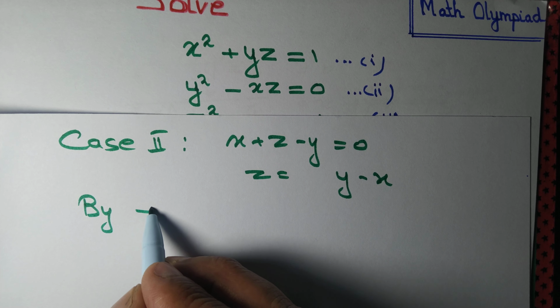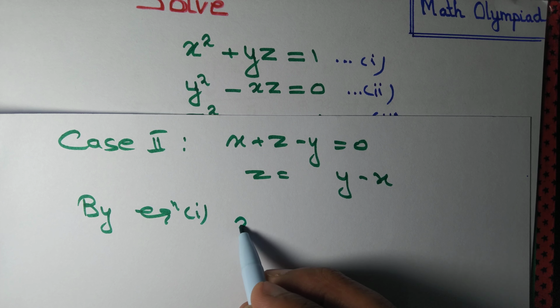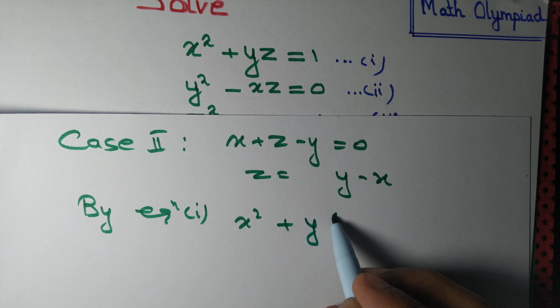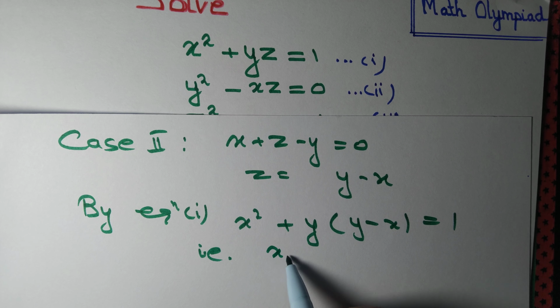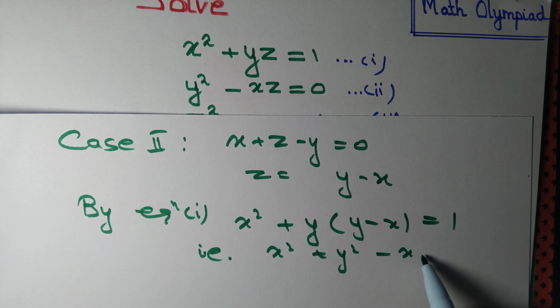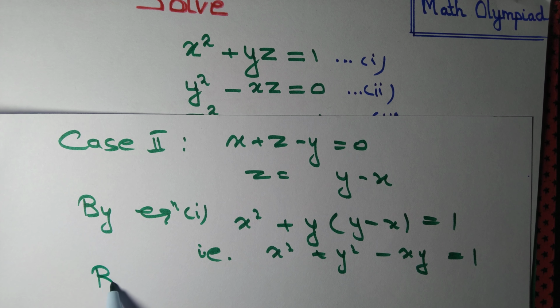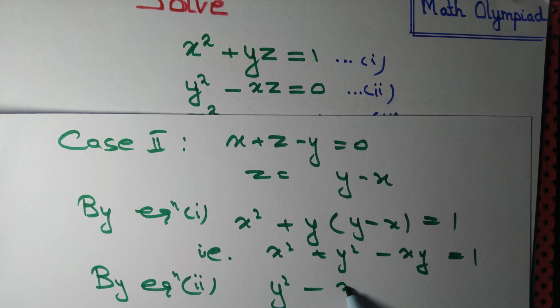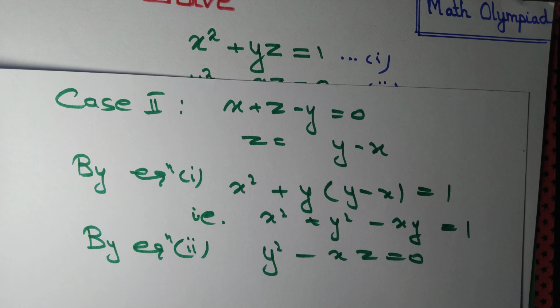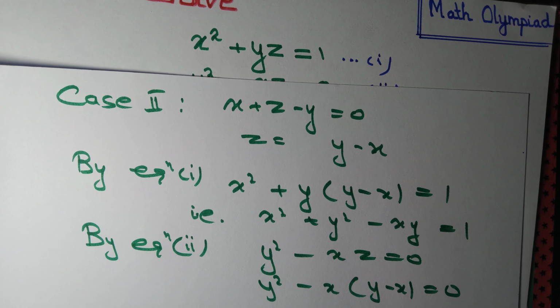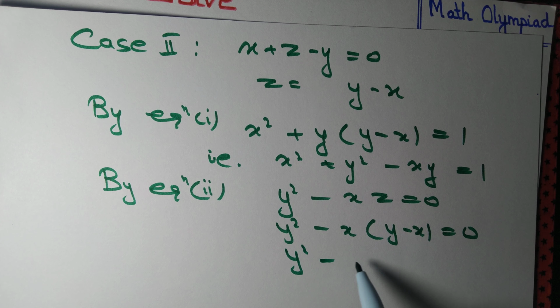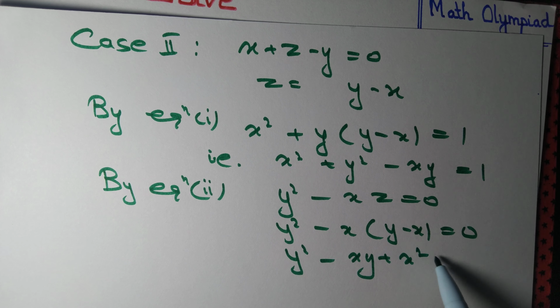By equation 1, x square plus y times y minus x equal to 1, that is x square plus y square minus xy equal to 1. By equation 2, y square minus xz equal to 0, but z equal to y minus x, so y square minus x into y minus x equal to 0. That gives us y square minus xy plus x square equal to 0.